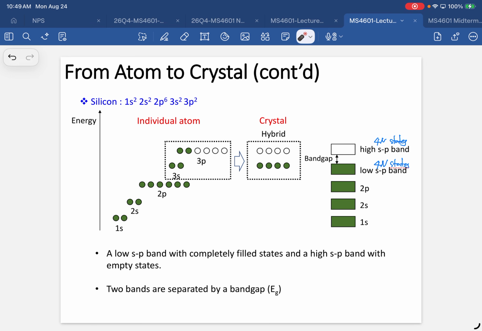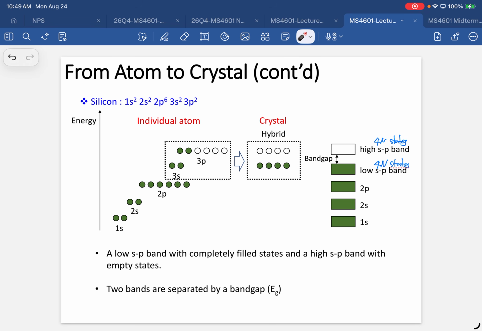The lower sp band is completely filled and the high sp band is completely empty, and the energy difference between the high sp band and low sp band is called the band gap.